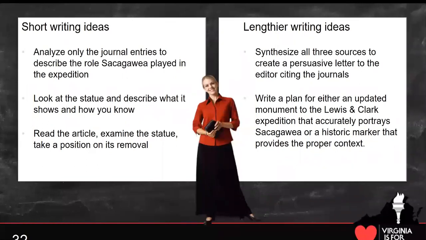But you could also go to something lengthier and have students use all of this information they're deriving to write a letter to the editor or create a plan for an updated monument to the Lewis and Clark expedition that they think portrays Sacagawea accurately, and then having them create a historic marker that provides the context for that. There are a lot of directions you can go from here depending upon classroom need.